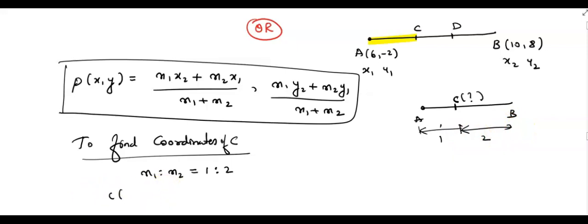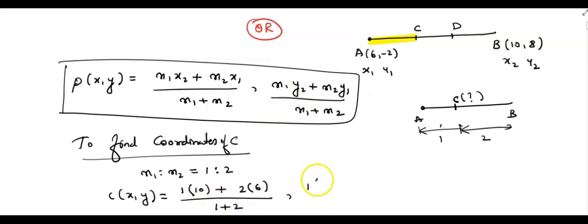Now let me write C of x, y is equal to: m1 is 1, so 1 into x2 is 10, plus 2 into 6, divided by 1 plus 2, comma, m1 into y2 is 8, plus m2 is 2 into x1 is 6, divided by 1 plus 2.